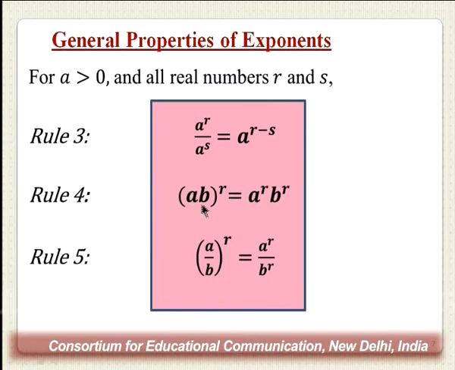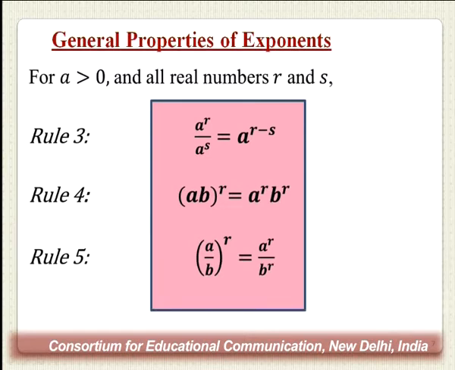Rule 4 says that if I were to raise A times B to the rth power, then A times B to the power R is A to the power R times B to the power R. And finally, the fifth rule is that if I take the rth power of A divided by B, then that is A to the power R divided by B to the power R.